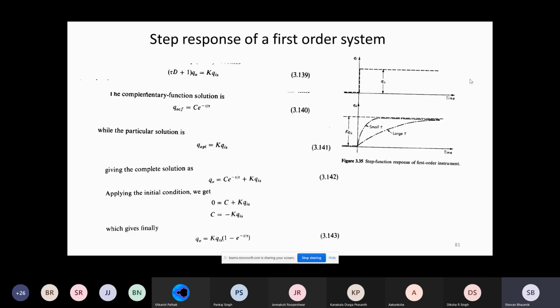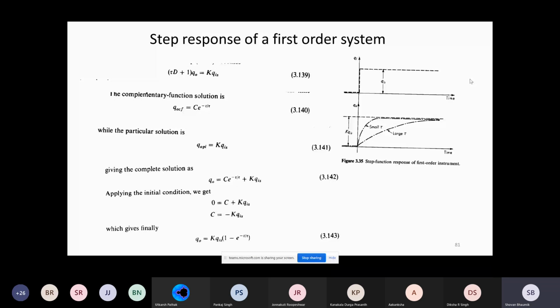Let's put that value in 3.142. So 0 equals C e to the power 0, that means 1, times C, plus K qis, and from there we know that C will become minus K qis. If we substitute C in equation 3.142, Q0 will become minus K qis plus K qis e to the power minus t by tau.